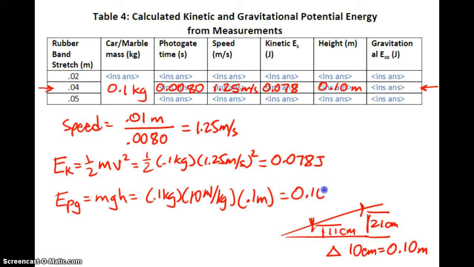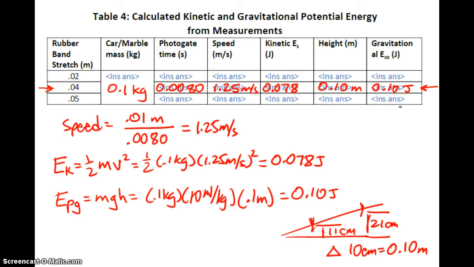It's 0.10 joules. I'll go ahead and enter that in here. 0.10 joules. Again, this is a little bit less than the 0.12 joules that we determined was stored in the rubber band. Again, think about ways that energy might be dissipated. Go ahead and continue on with these same calculations for the other values that you've got entered here.